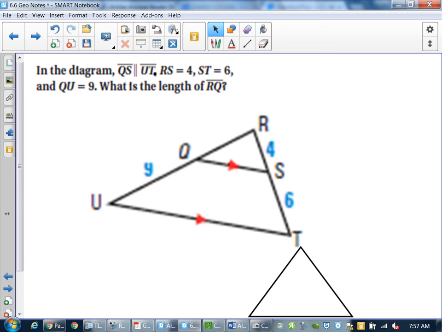Notice if I create this as a larger fraction bar, I'm missing this, aren't I? So I get x over the 9. X over 9, 4 over 6. X equals 6. Go to the next problem.